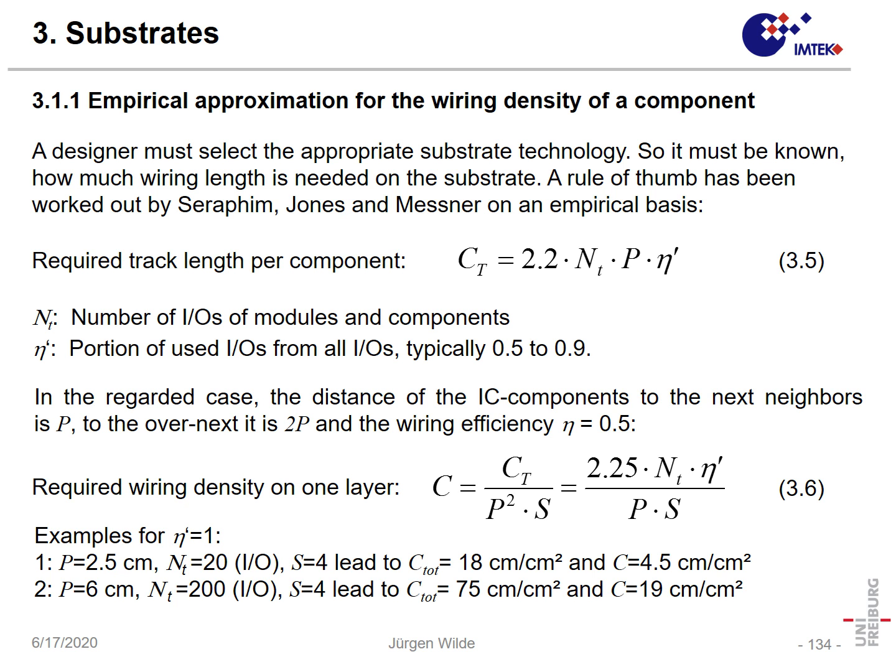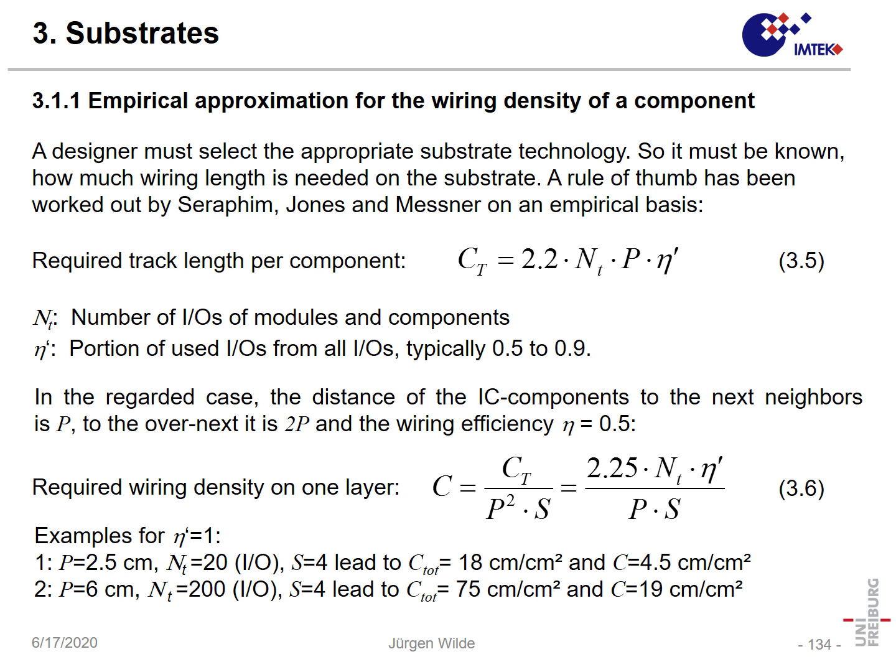Normally, when we make a design, we must select an appropriate substrate technology. And normally, nowadays, that information is given by the layout program. But on the other hand, it's sometimes convenient to have some rule of thumb in order to estimate, for instance, the required track length.